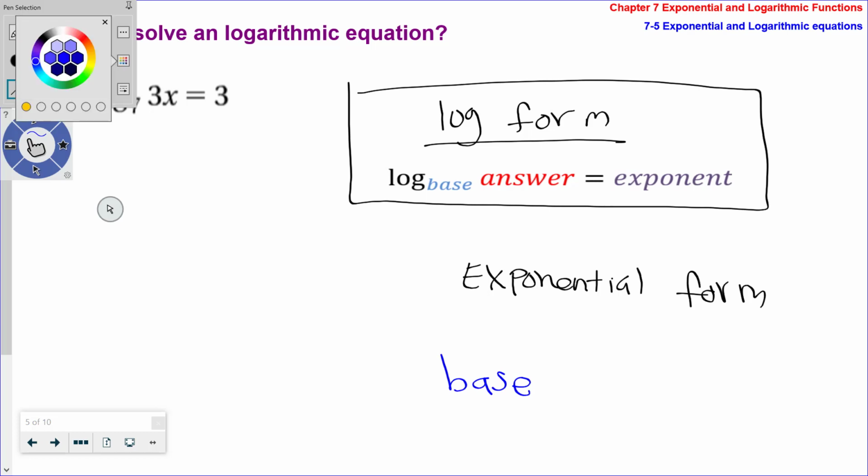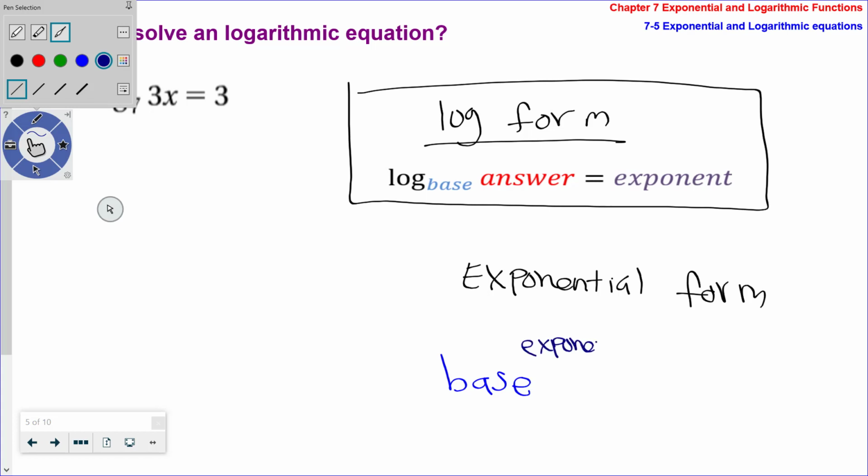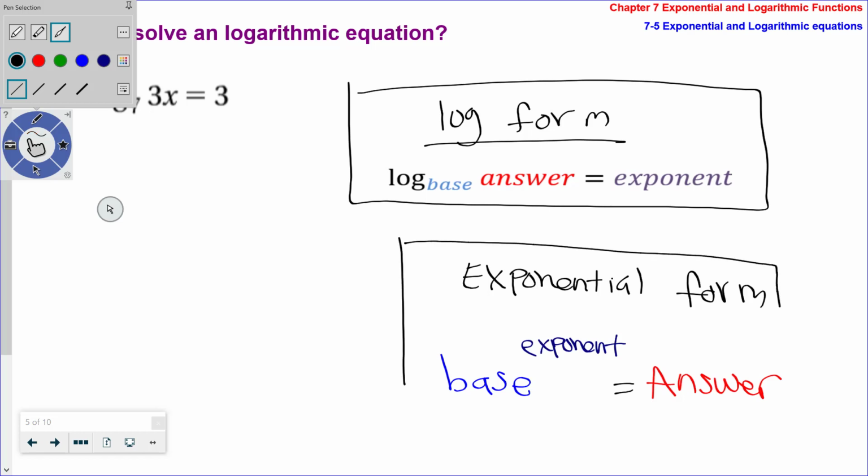So please copy this down. Log form is log base answer equals exponent. Exponential form is base raised to the exponent equals answer.